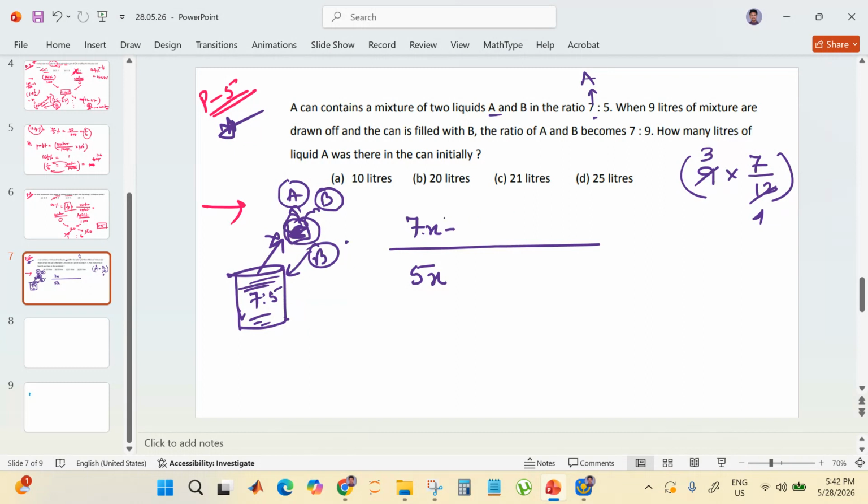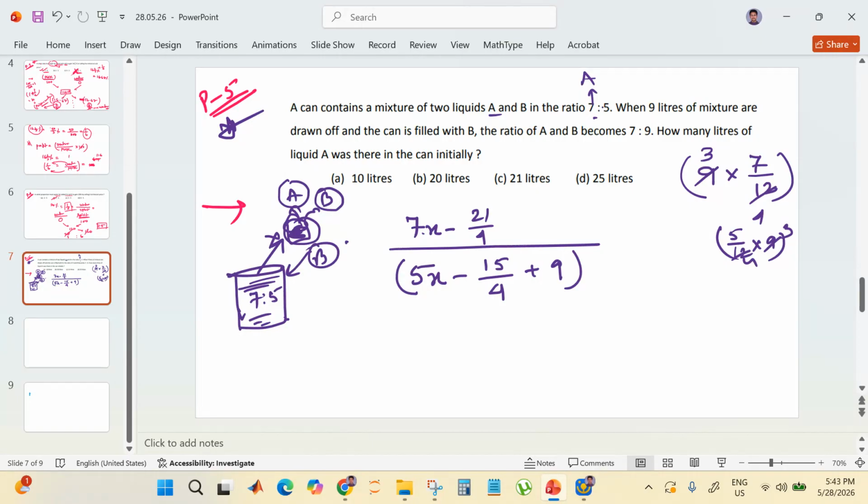So from A, 21 by 4 will be subtracted, and from B, it is 5 by 12 into 9, right? That means again 3 by 4, it is 15 by 4. And also 9 will be added, because an equal amount of B will be added.